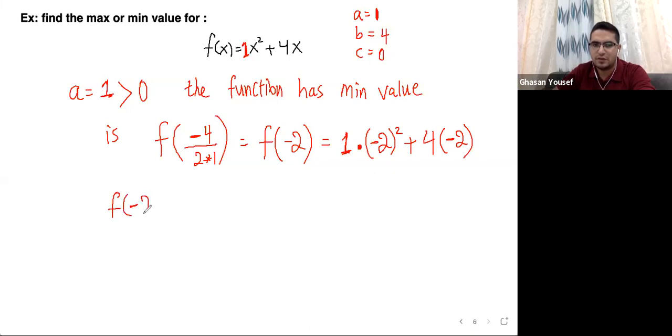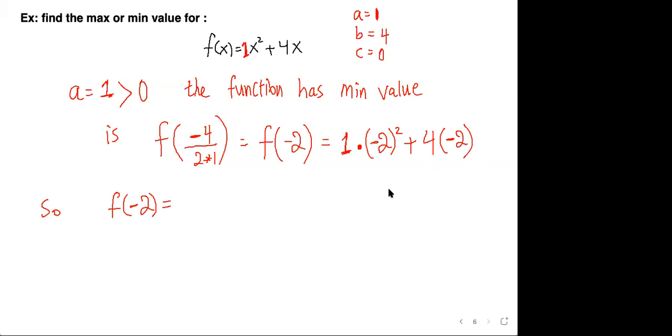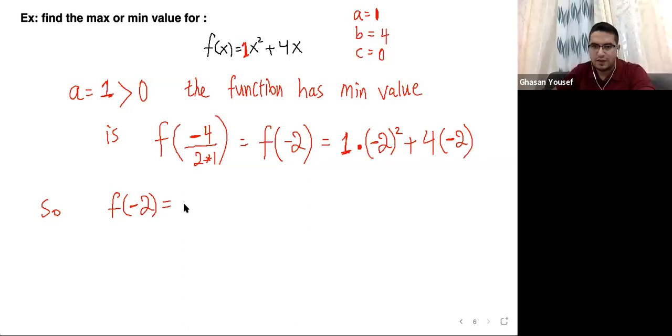So f of minus 2 equals what? Minus 2 squared is 4, plus minus 8. It's minus 4. Correct.